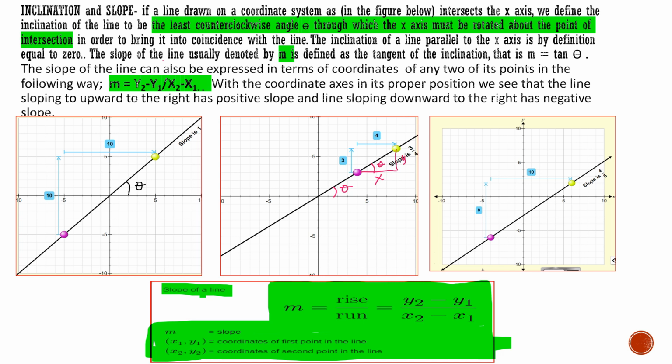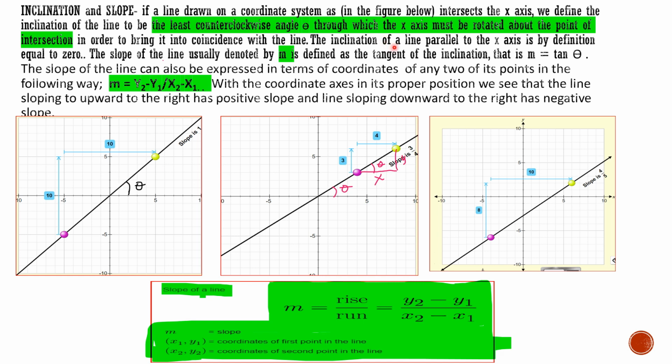Inclination and slope. If a line drawn on a coordinate system, as in the figure below, intersects the x-axis, we define the inclination of the line to be the least counterclockwise angle theta through which the x-axis must be rotated about the point of intersection in order to bring it into coincidence with the line.